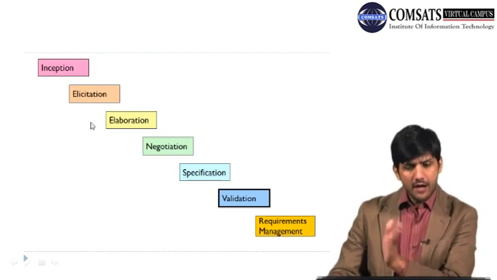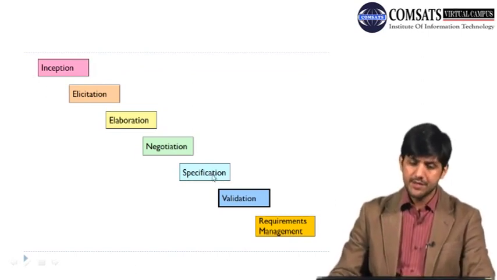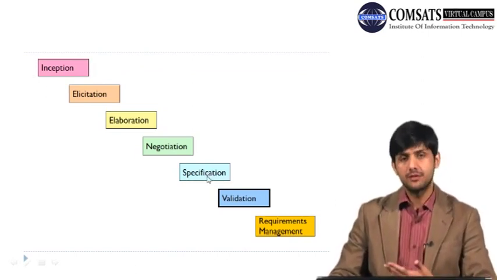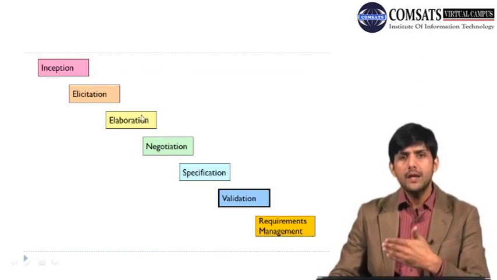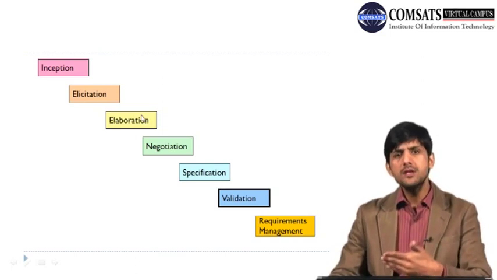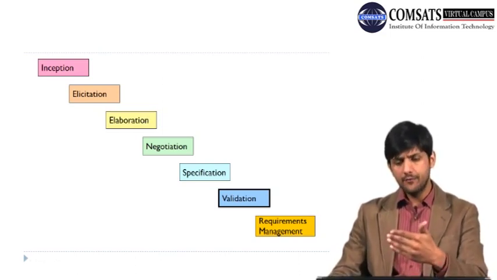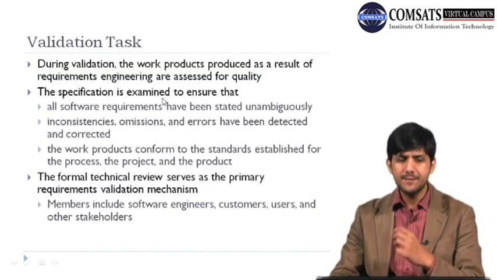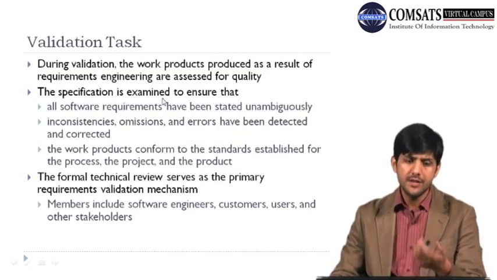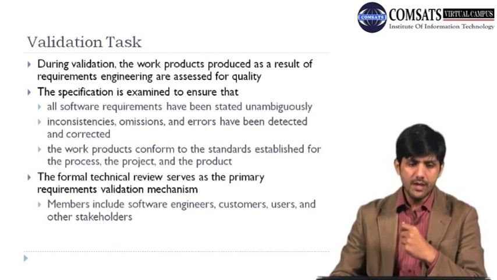So now we have been up to the specification task of the requirement engineering process. The next up is validation. And as the name suggests, when we say validation, we are trying to ensure that what we have written is what the client wants. So let's see what steps are taken, or what this validation task is about.